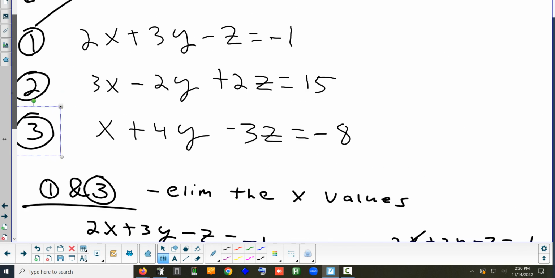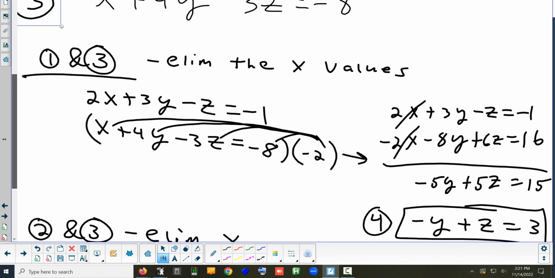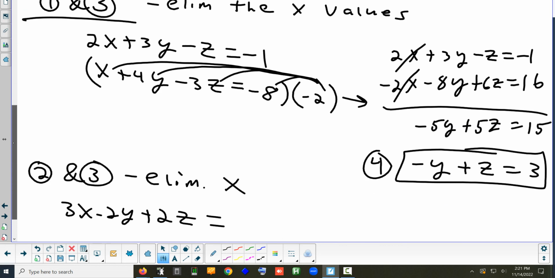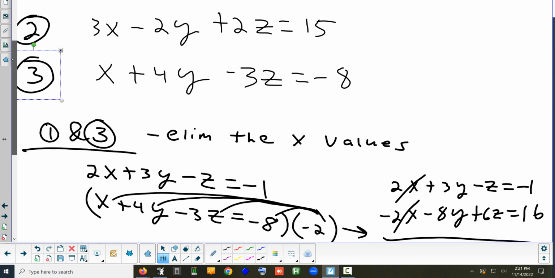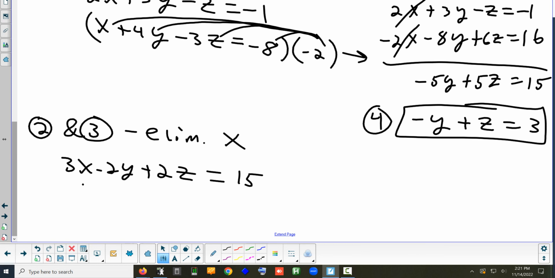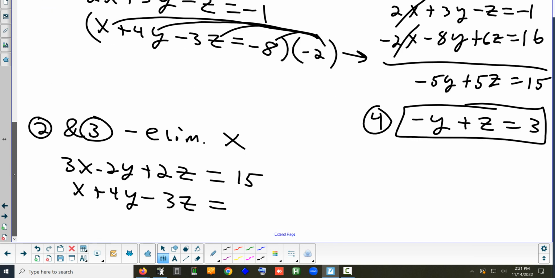So 3x minus 2y plus 2z equals 15. And equation 3, x plus 4y minus 3z equals, what does it equal? Negative 8.